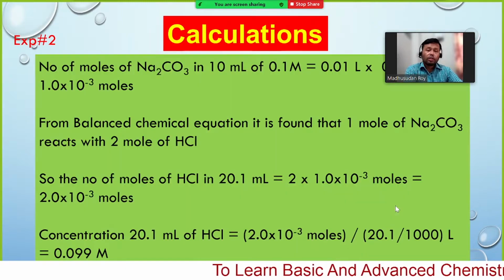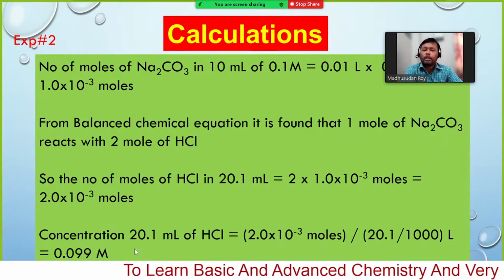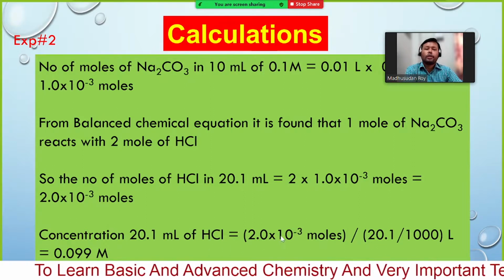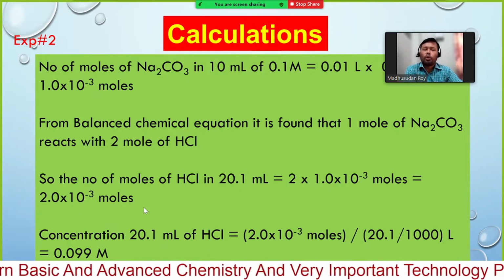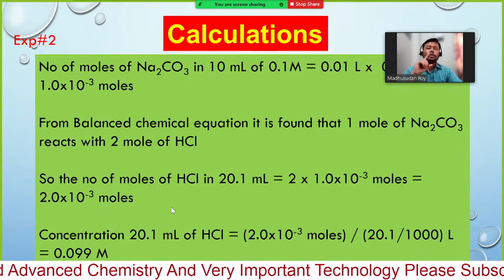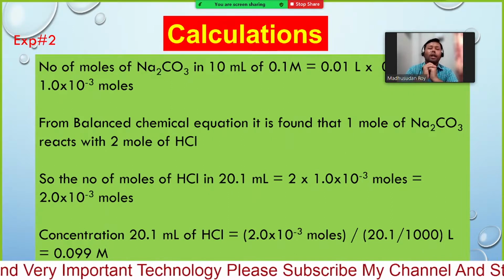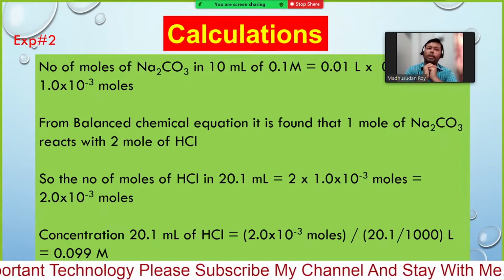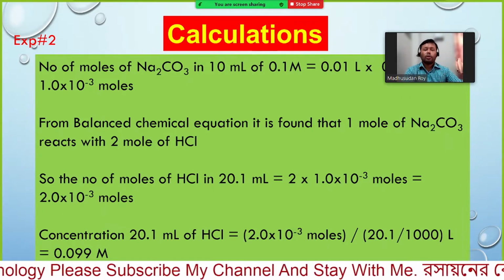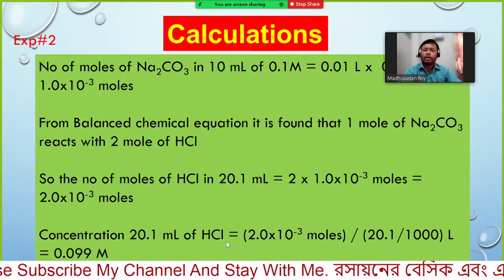So the concentration of the 20.1 ml of hydrochloric acid is, this is the number of moles. Definitely you need to remember the formula: concentration equals number of moles divided by volume in liters. So what is the concentration of hydrochloric acid?